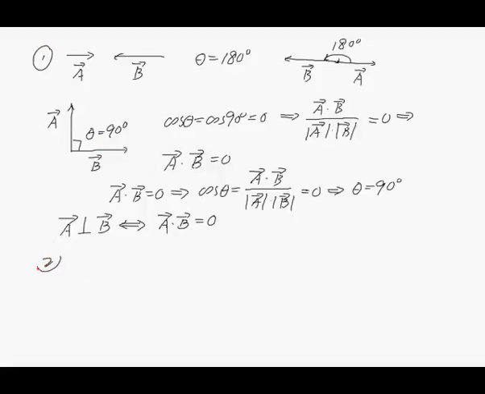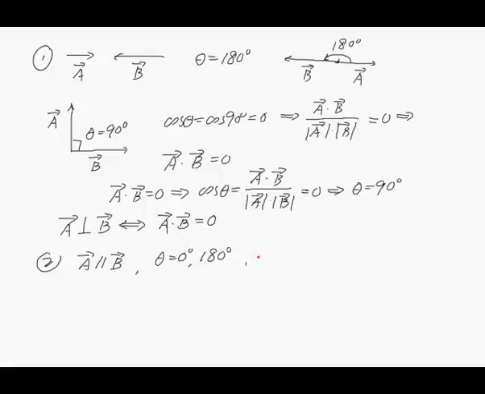Now let's look at another special case. Now suppose this time vector A is parallel to vector B. Then either you have theta equal to 0 or you have theta equal to 180 degrees, right?